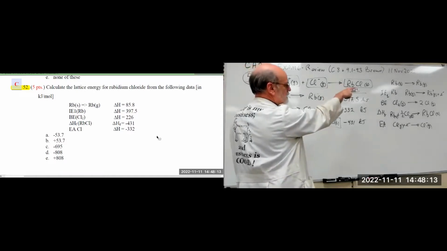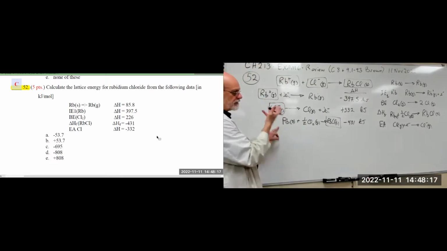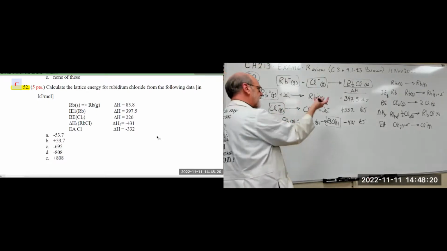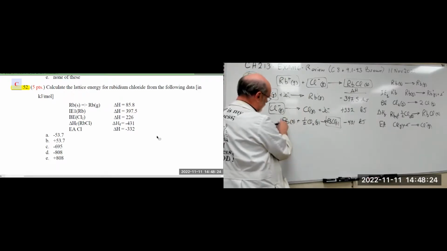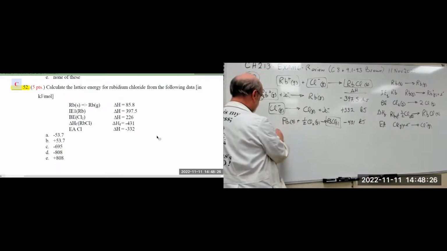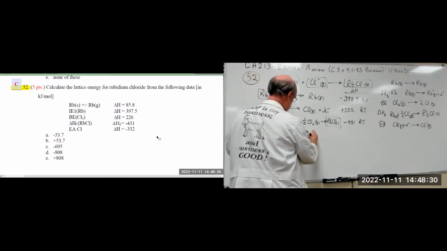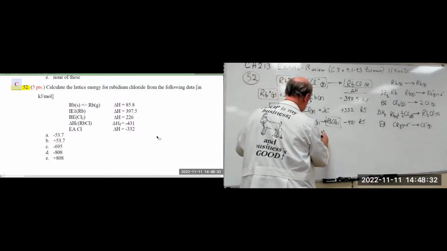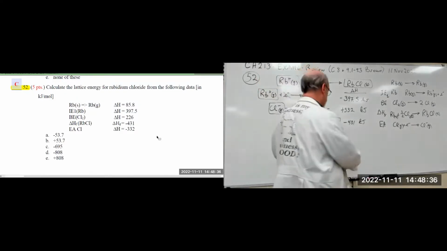That rubidium solid to rubidium gas is sublimation. We need deposition. We need to flip it around, so that puts the gas on this side to cancel that one, and the solid on that side to cancel this one. So if we write it this way, gas yields solid. What's the value for that one? Negative 85.8.